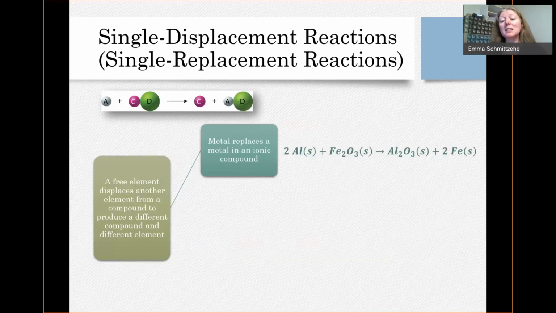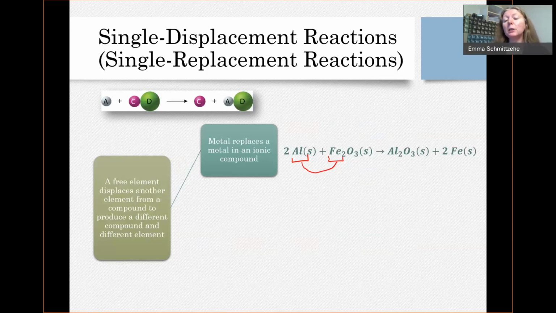And so what happens is that metal replaces the metal in the ionic compound. And so what you see is the aluminum ends up swapping places with that iron. Okay, so in the product, you have aluminum with the oxygen, and you have iron by itself. Okay, and so the like elements replace one another. So the metal replaces the metal. So I have a new compound formed, and I have a new free element in this reaction.